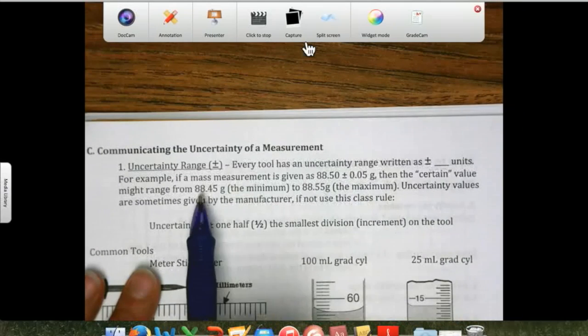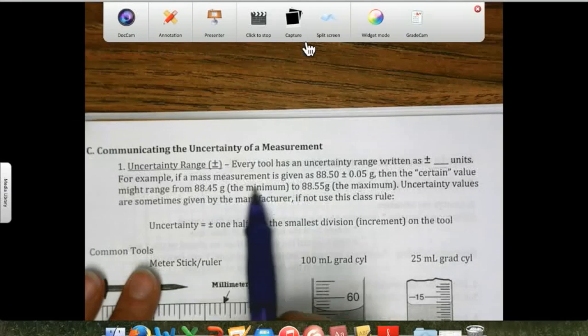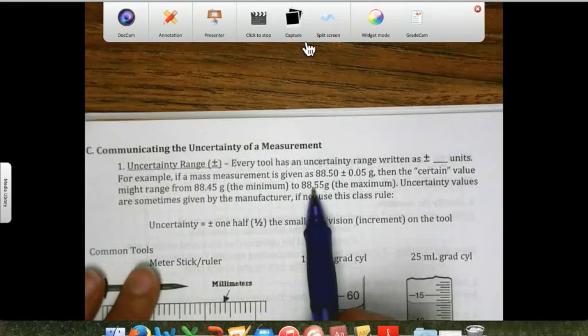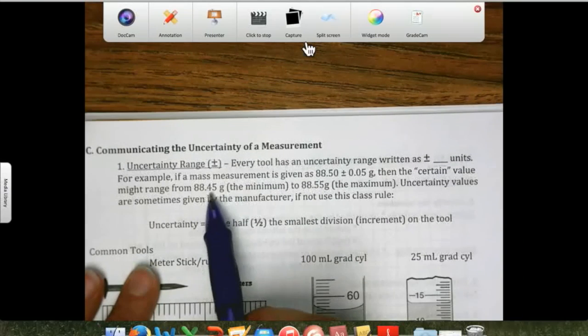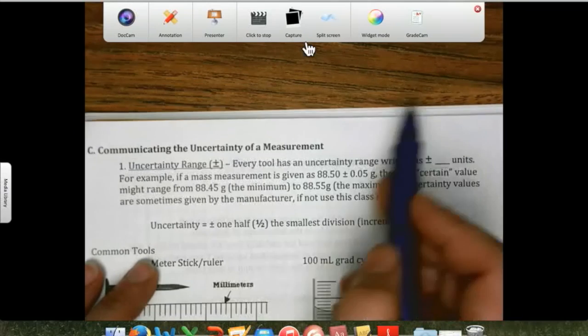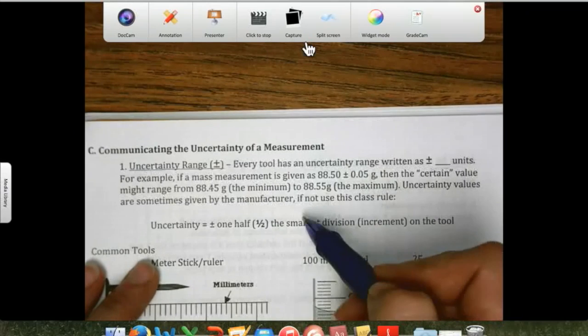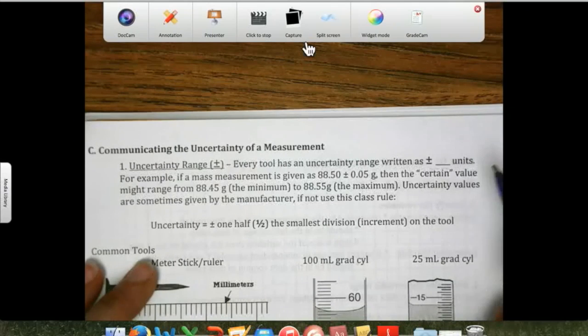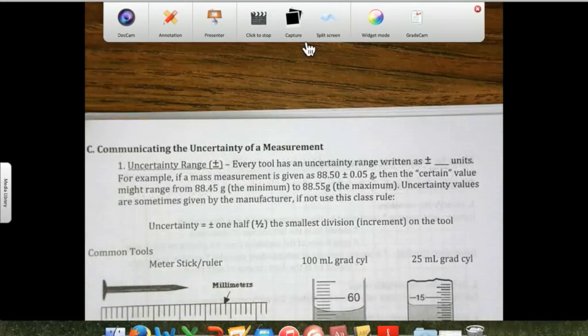So your range of correct answers can be anywhere between 88.45 and 88.55. So if the actual measurement is 88.48, you wouldn't know that because your degree of uncertainty wouldn't allow you to get that precise. Okay? Uncertainty values are always something given by the manufacturer.